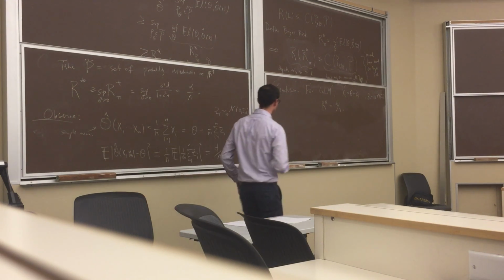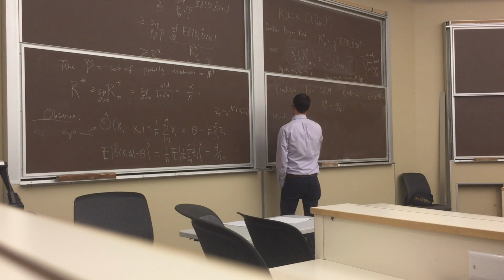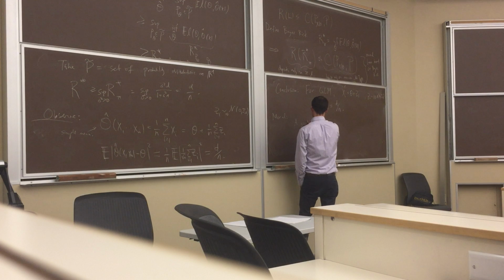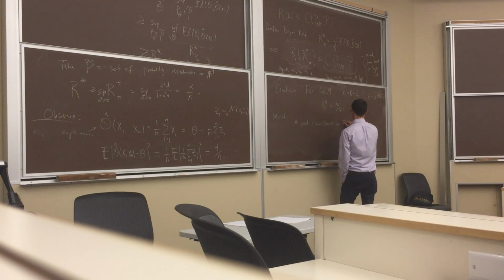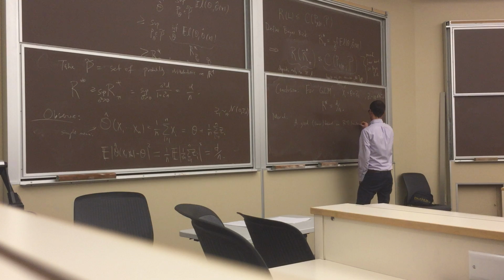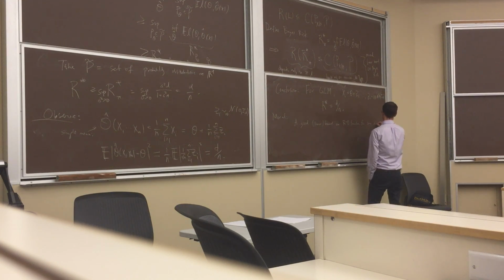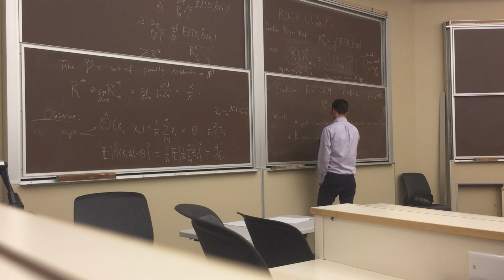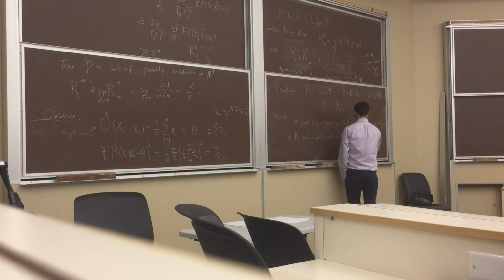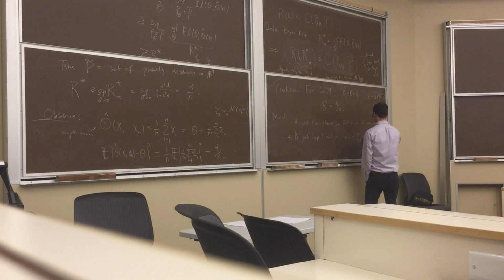Okay, so let me just write down more. A good lower bound on the Bayes risk for some class of priors, plus a good upper bound on the capacity of the channel P_X given theta for some set of input distributions.